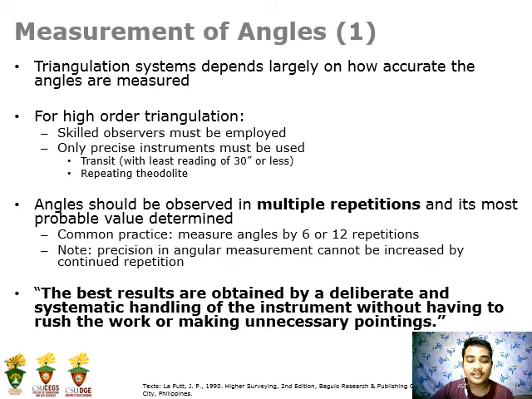The best results are obtained by a deliberate and systematic handling of the instrument, without rushing the work or making unnecessary pointings. So you should have skilled observers and the right method. In this case, it can be 6 repetitions or 12 repetitions.